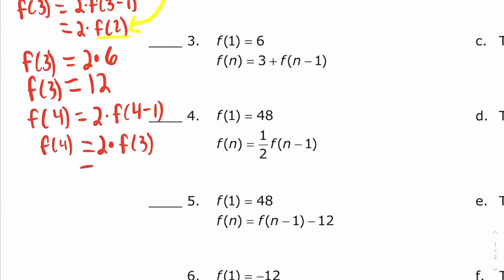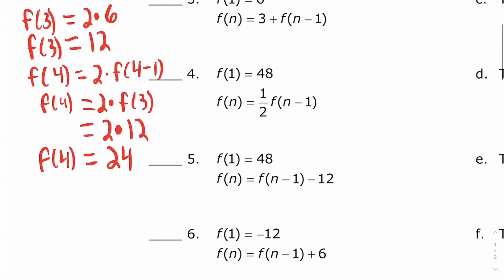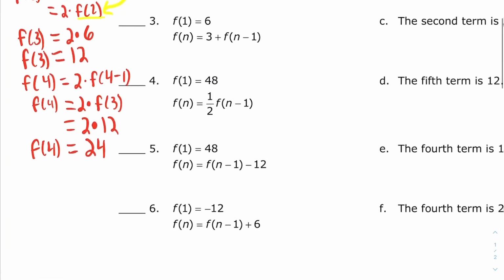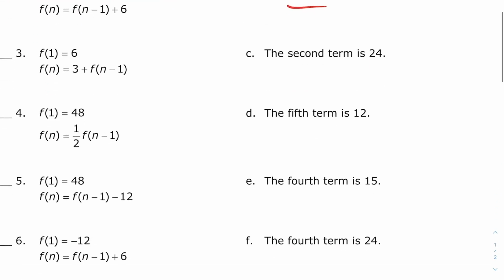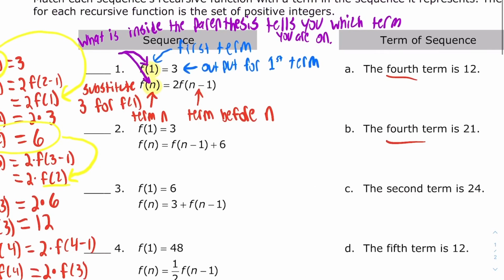We're going to have to put f3's answer in to find f4. f3's answer was 12. So then 2 times 12 makes 24 for f4. That means the 4th term's answer is 24. Which one says the 4th term? 4th term and 24. That's F. Number 1's answer is F.